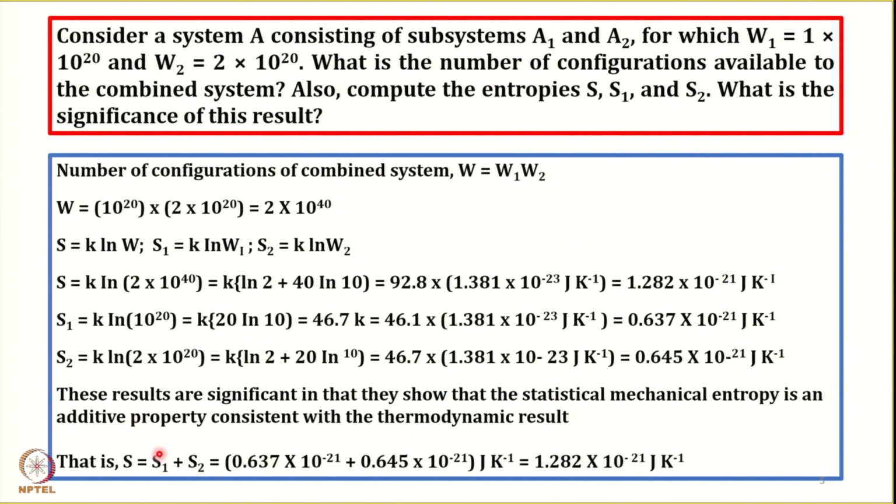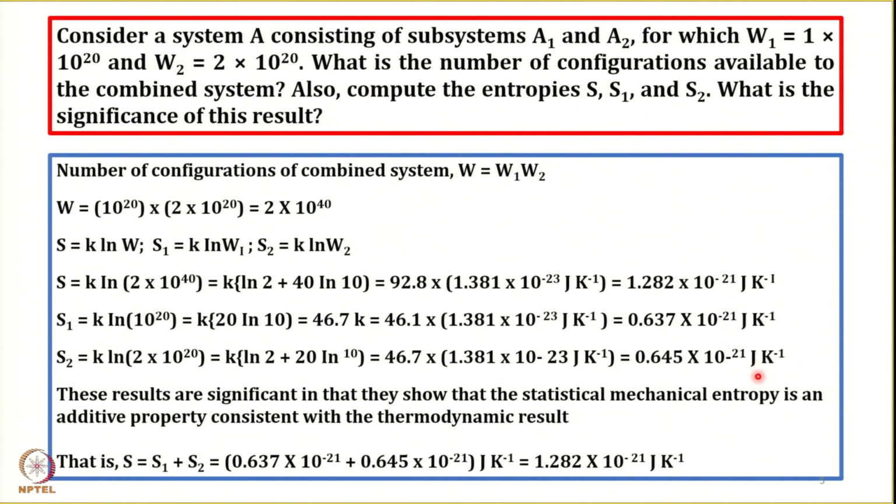Do the same for subsystem 2. For that, use the weight which is given for subsystem 2, 2 into 10 raised to the power 20, and then you calculate this. Eventually the result comes to 0.645 into 10 raised to the power minus 21 joules per Kelvin.